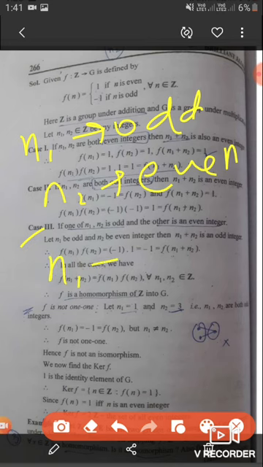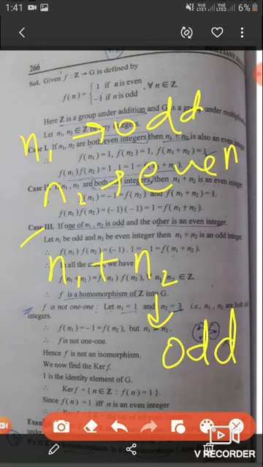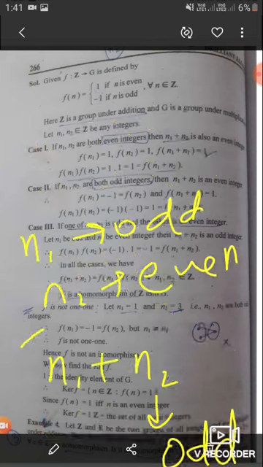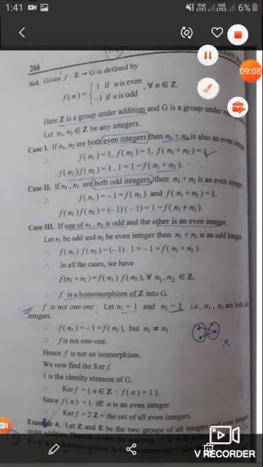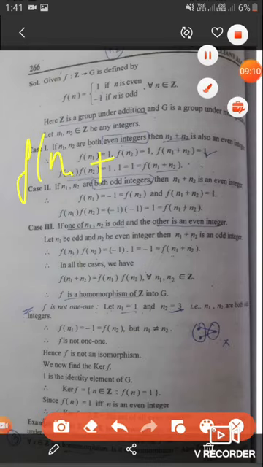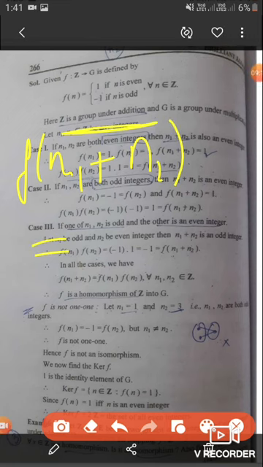So the sum of an odd and an even integer is always an odd integer. Fine. So what will be f of n1 plus n2? The sum is odd in this case, so the value of the function will be -1.